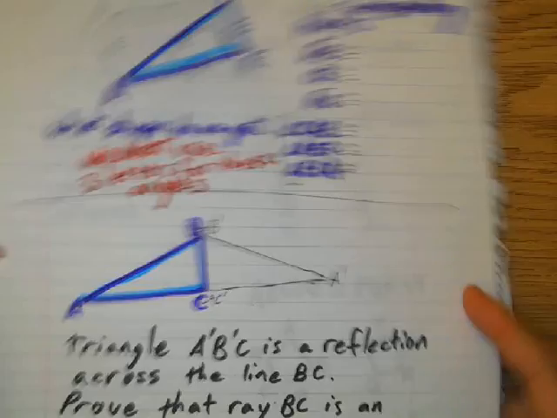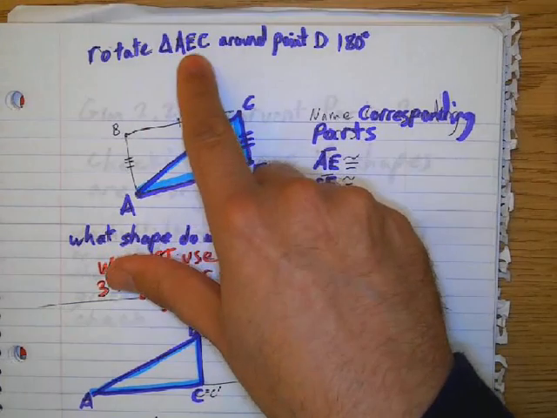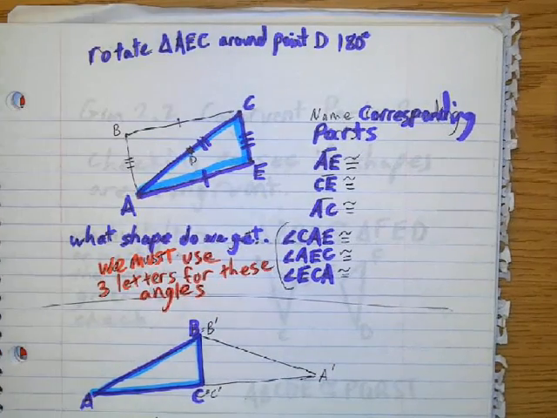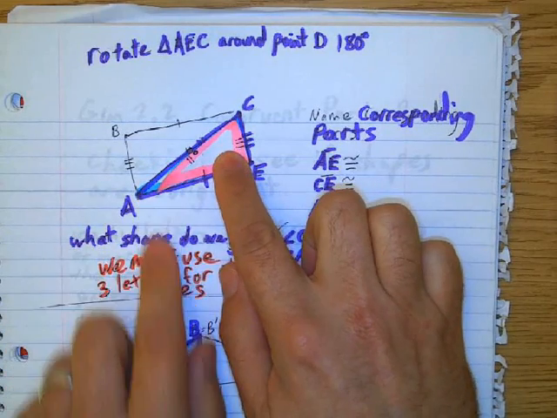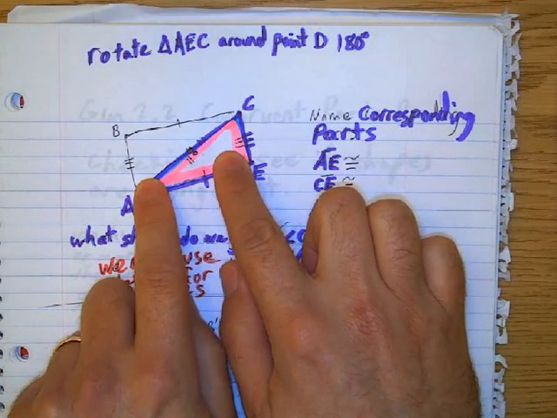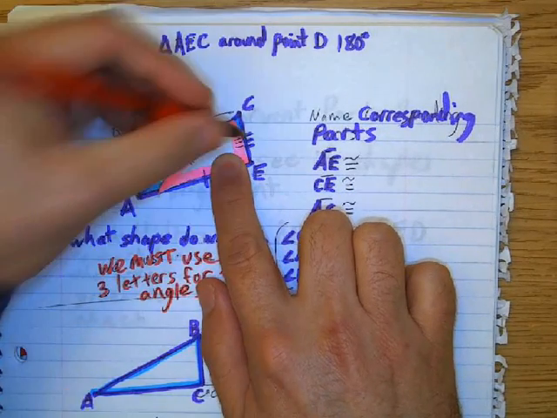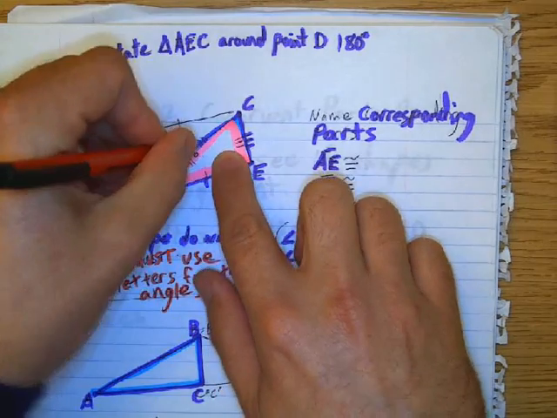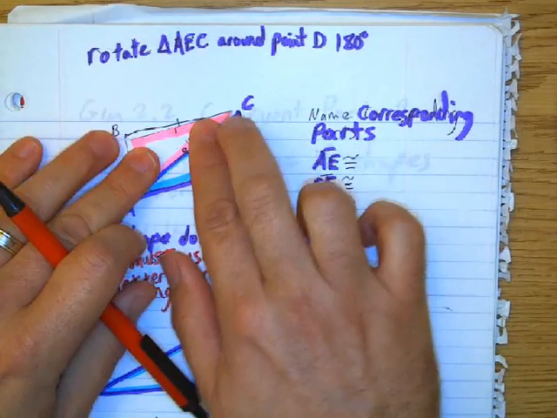Now we had an example in the notes where they told you to rotate a triangle around point D. So I just cut a corner off a little piece of paper and made a triangle here. And I drew triangle ACE. Then I'm going to rotate it around the center as best as I can, and then I redrew the triangle.